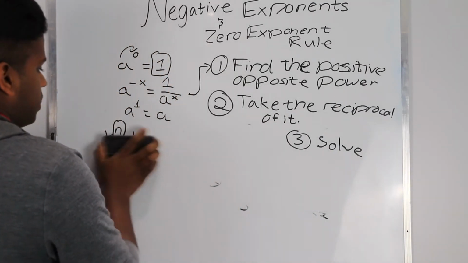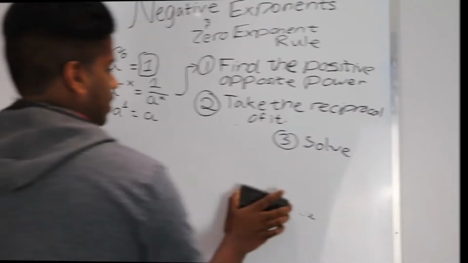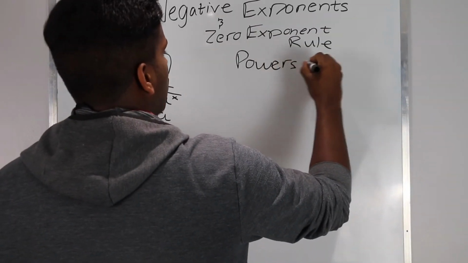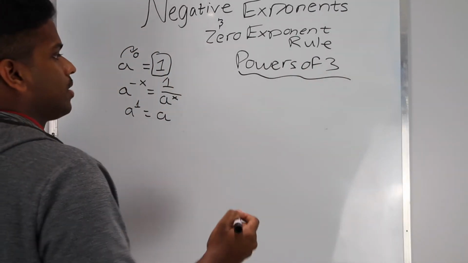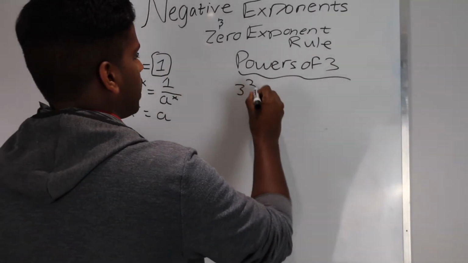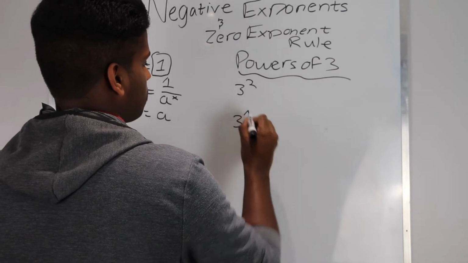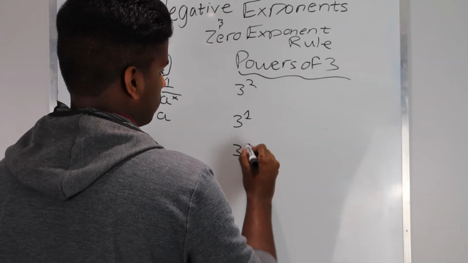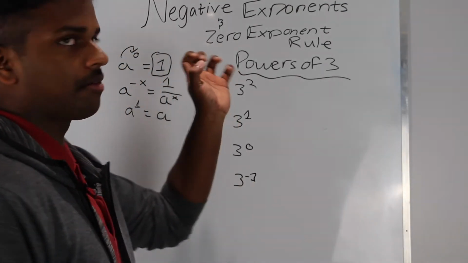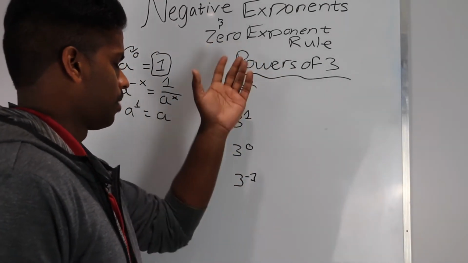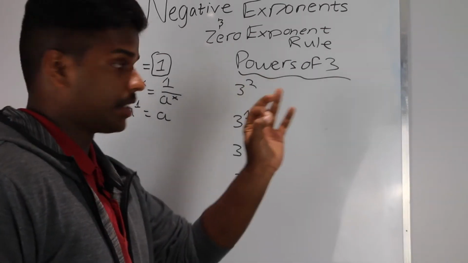So let me just erase this to make everything a bit more clear for you guys. Powers of 3, meaning where the base is 3. I'm going to illustrate an example here, because this somewhat helped me when I was first learning too. So 3 is being raised to various integers.